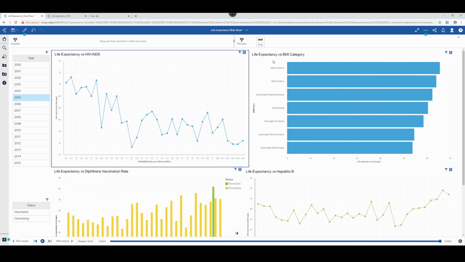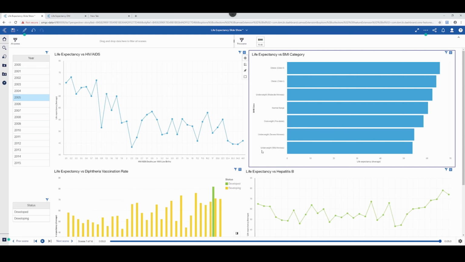Yep, that changed it a little bit, but still not what we would normally think. Especially here, severe thinness, you would think would have a lower life expectancy, but it doesn't. So that's another thing, I guess, that gives the user some insights into the data. Maybe this data wasn't collected accurately, or there were different ratings that they were using when they were collecting the data.